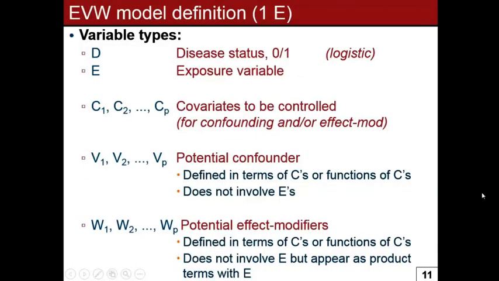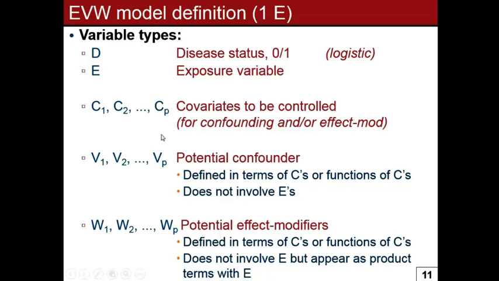So formally, this is what just happened here. We have D and E, disease and exposure. We have some C variables, the stuff to control for, and those are made into the V's and the W's. They're defined, and these might be the C's themselves or functions of C's, C squared, C1 times C2, whatever.